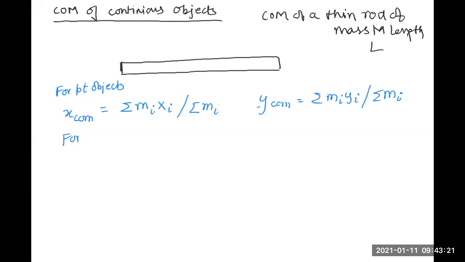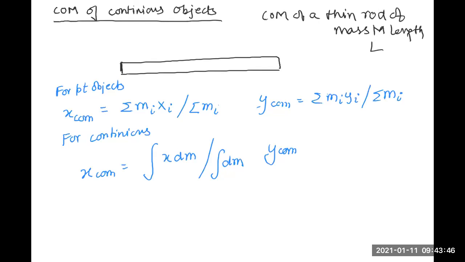but for solid objects or for continuous systems, all you do is you convert this formula into an integral. So x coordinate of center of mass now becomes integral x dm divided by integral dm. The y coordinate of center of mass now becomes integral y dm divided by integral dm. Right.